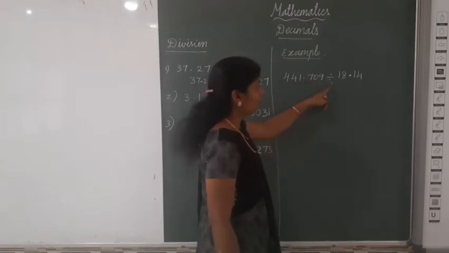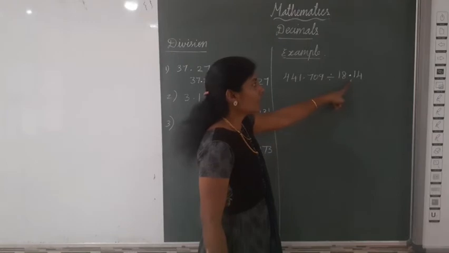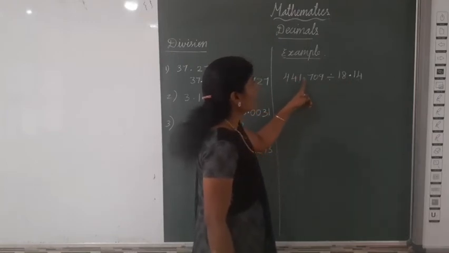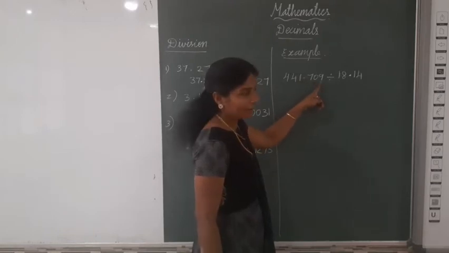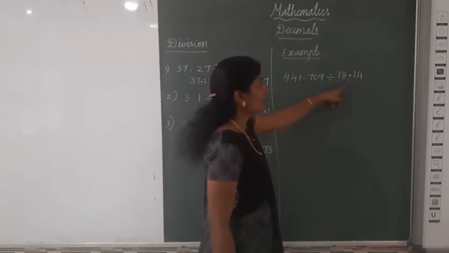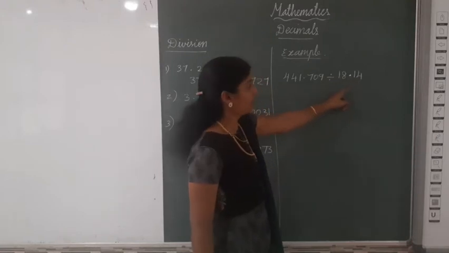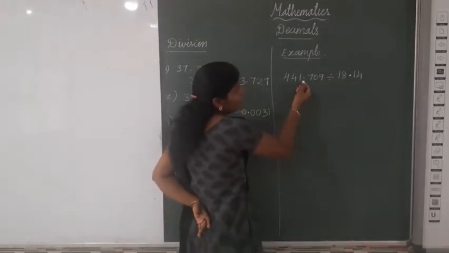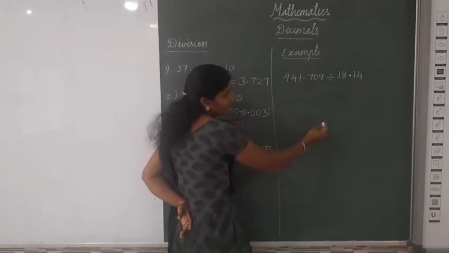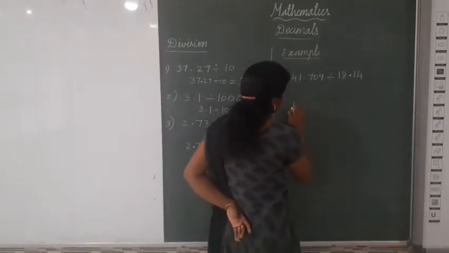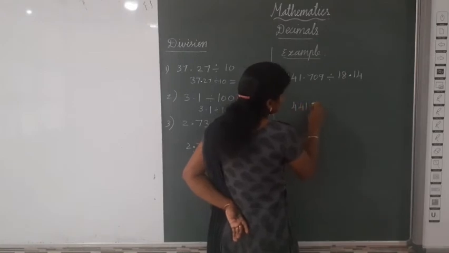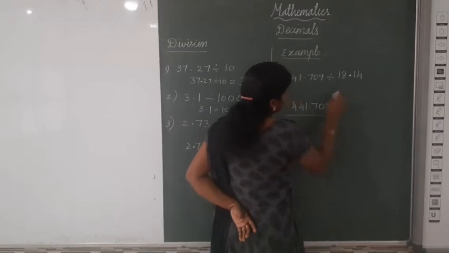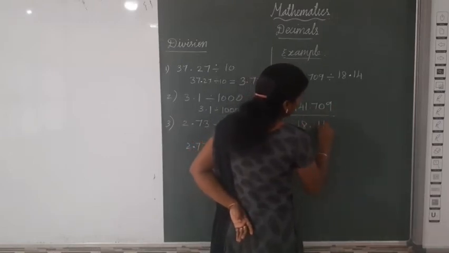441.709 divided by 18.14. Okay? Now here, 441.709 is the dividend, divided by 18.14.